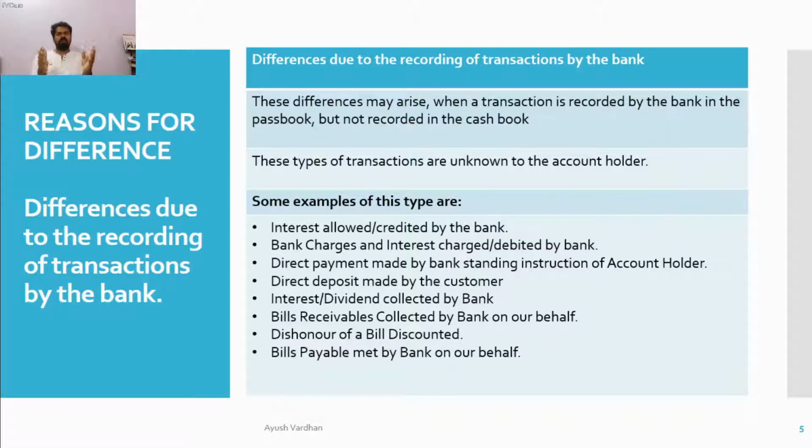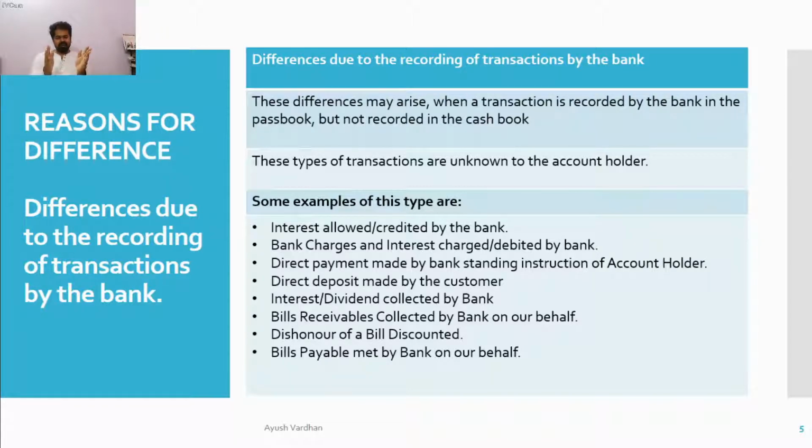Sometimes someone does an NEFT transaction or online transaction. That online transaction happens in your bank directly. You don't come to know and you don't make the entry in your cash book, but the entry for the same is made by the bank in your passbook. So this is again a single entry, not a double entry here.